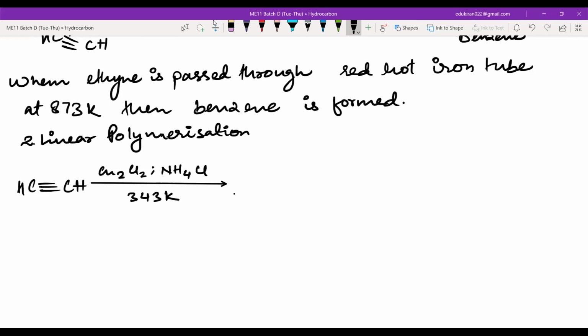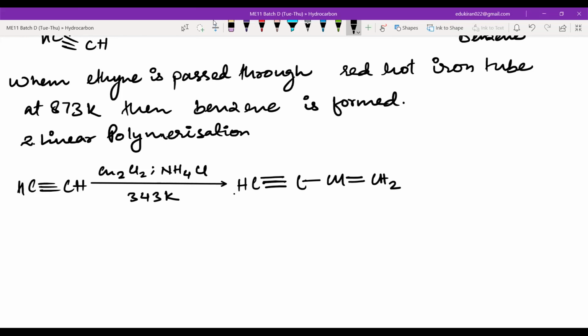Then what is going to happen? You will be making CH triple bond CH, and then there will be double bond CH2.